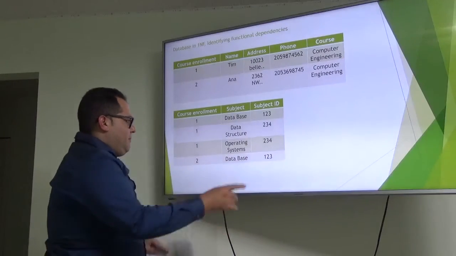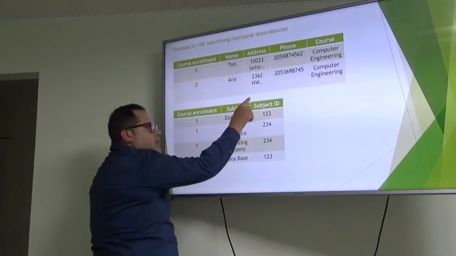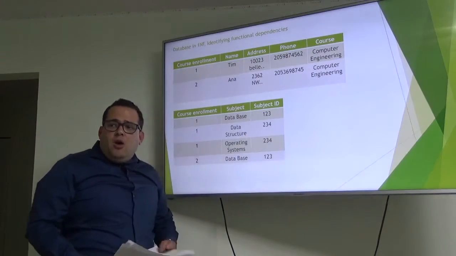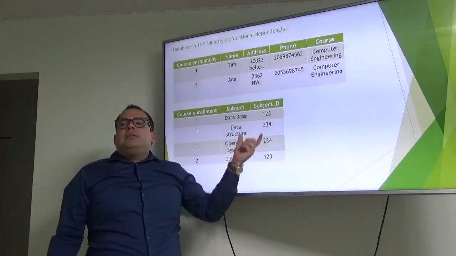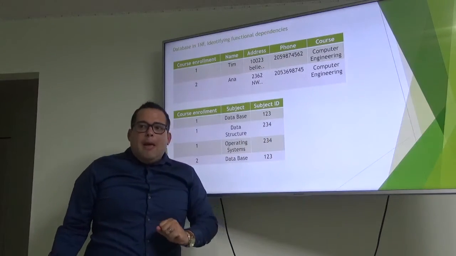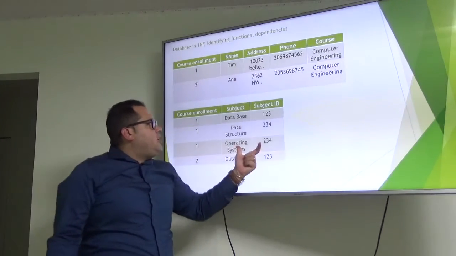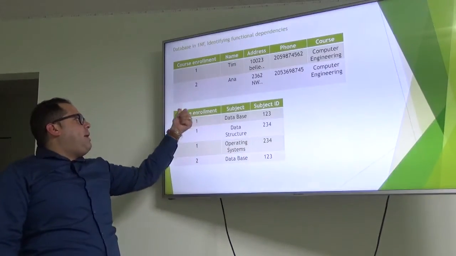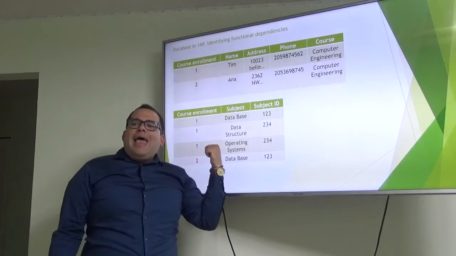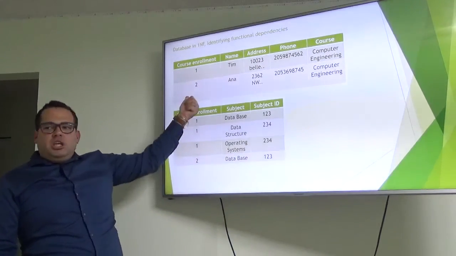Exactly. The primary key of this table is subject ID, okay? Subject depends on the subject ID, but not necessarily subject and subject ID depend on course enrollment, because here we have a foreign key, okay?